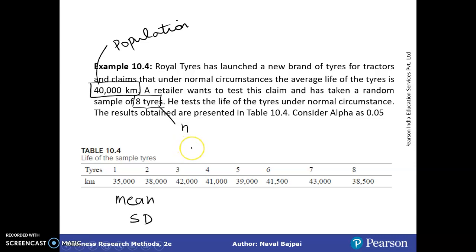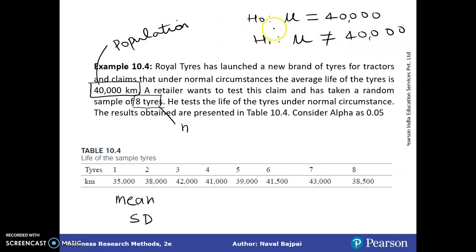First, let's frame our null hypothesis and the alternate hypothesis. For the null hypothesis H0, we say that the mean is equal to 40,000 kilometers. For the alternate hypothesis H1, we say the mean is not equal to 40,000, different from 40,000.